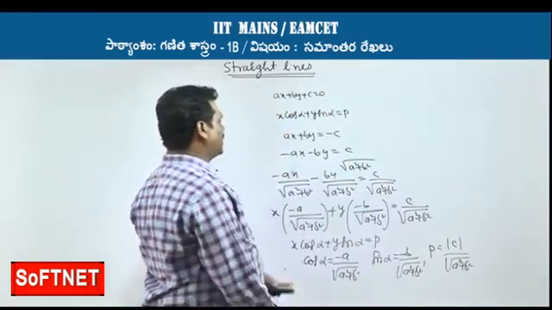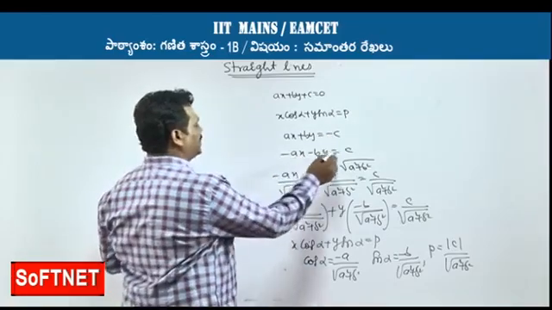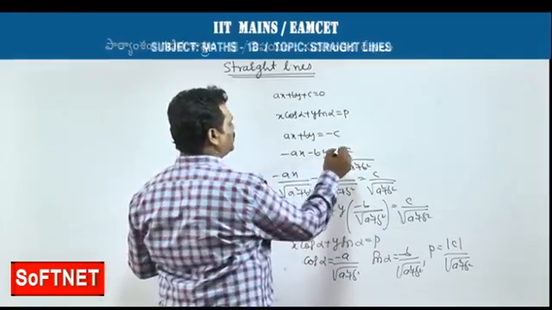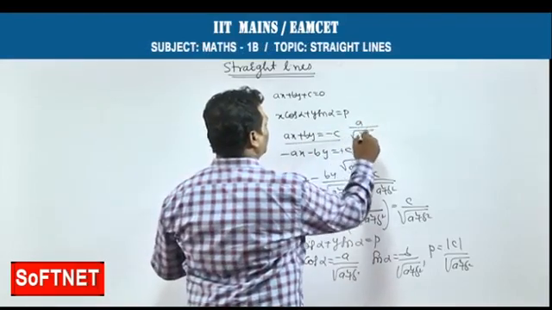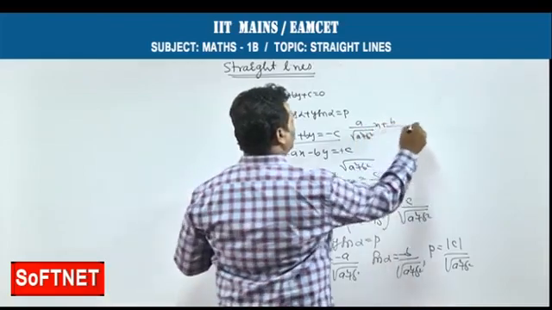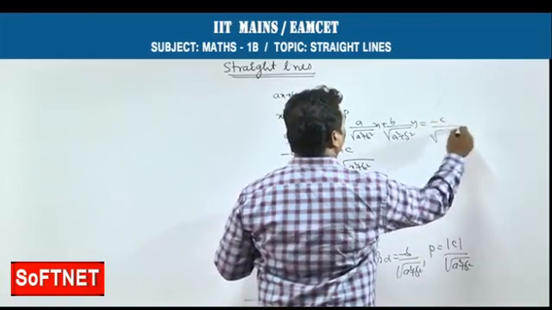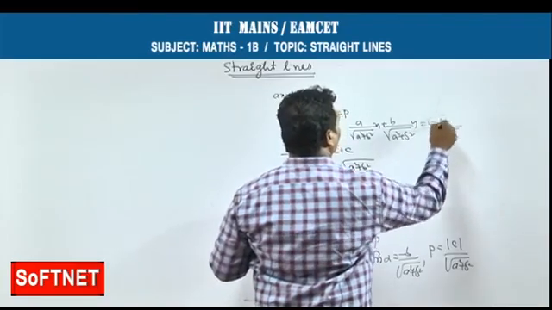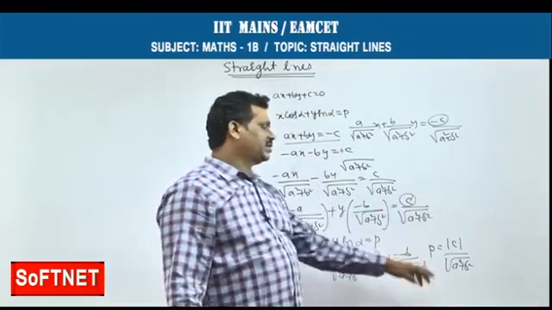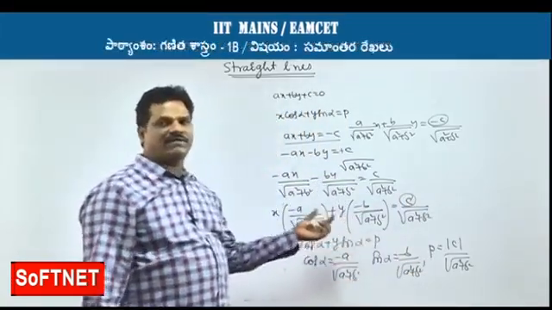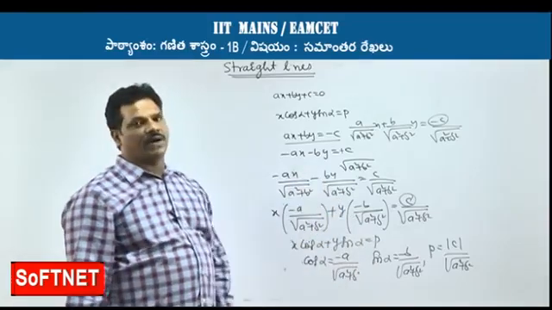Mod c means we can take it once as minus, once as plus. If the right hand side is negative, it can also be written as a by under root of a square plus b square x plus b by under root of a square plus b square y equal to minus c by under root of a square plus b square. We take p equal to mod c by under root a square plus b square. This is the procedure for converting the general equation of a straight line into normal form.